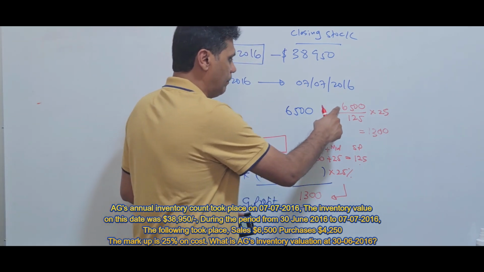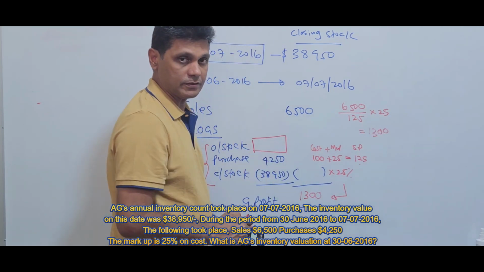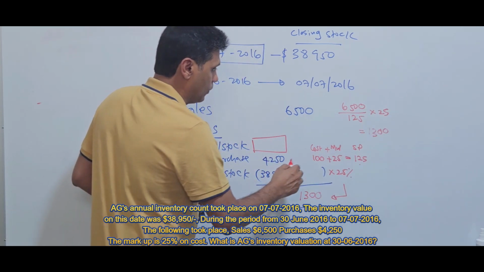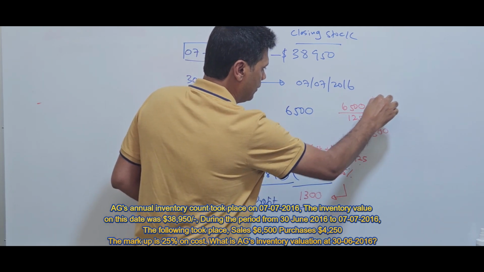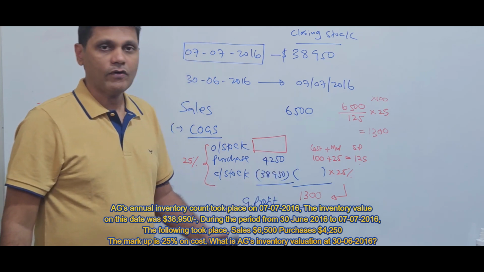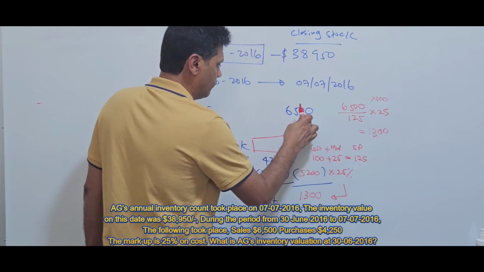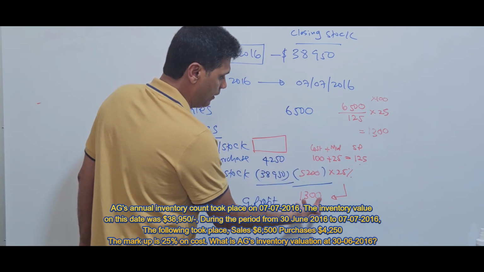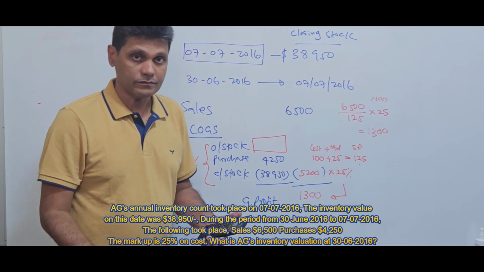Otherwise, if you multiply by 100, that will be your cost. So 6,500 divided by 125 times 100 will be the cost, which is going to be 5,200. Otherwise, 6,500 minus 1,300 will be the cost of goods sold, which is your cost.